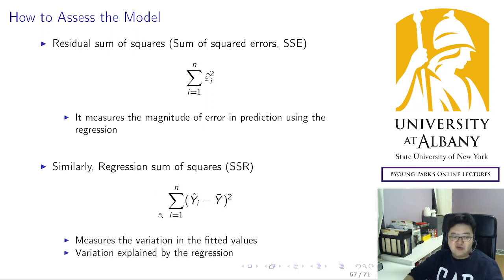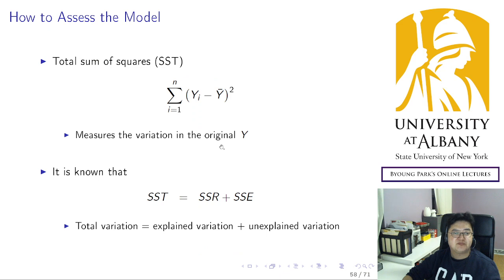If you divide it by n or n minus 1, then it will be a variance. This is called the regression sum of squares, and it can be interpreted as the variation explained by the regression model, right? You are going to see why it is interpreted this way in a minute.